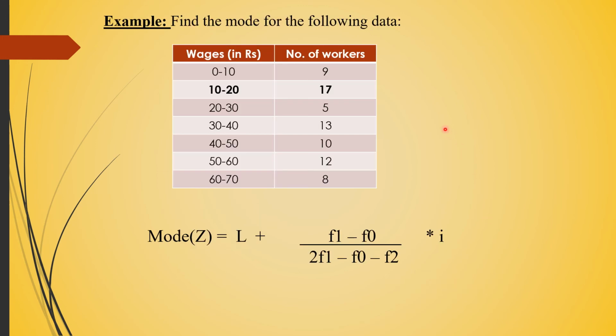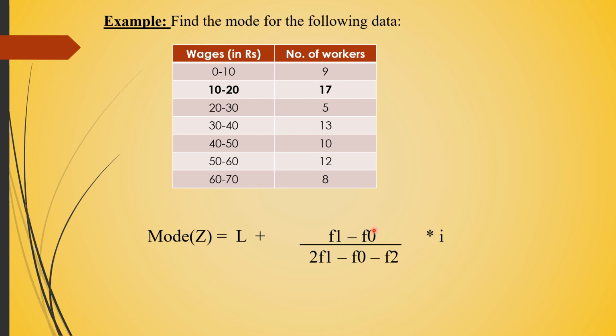Next example, find the mode for the following data. Wages in rupees, again 0 to 10, 10 to 20, 20 to 30 and so on, and the corresponding number of workers is also given to us. Here also we can see that the highest frequency is 17. So the corresponding modal interval will be 10 to 20. The value of L becomes 10 because it is the lower limit of the modal class interval. F1 will be 17, the frequency of the modal class.